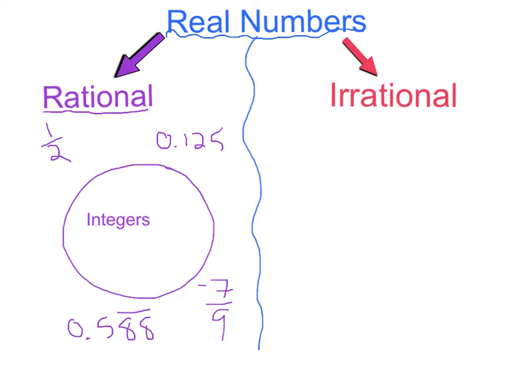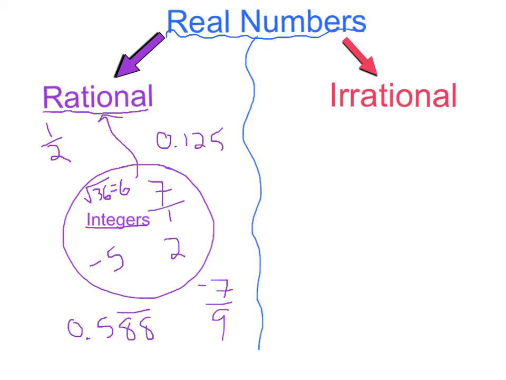And then we also have integers, -5, 2, 7, the square root of 36, because the square root of 36 equals 6. So all of these integers, remember, are also rational because they can all be written as a fraction, like 7/1.